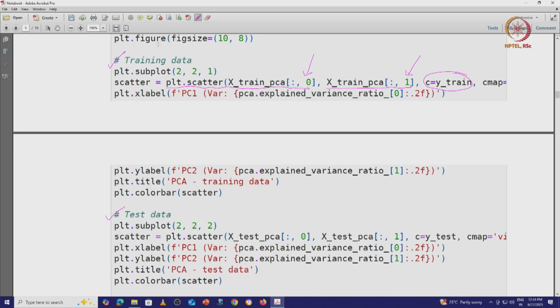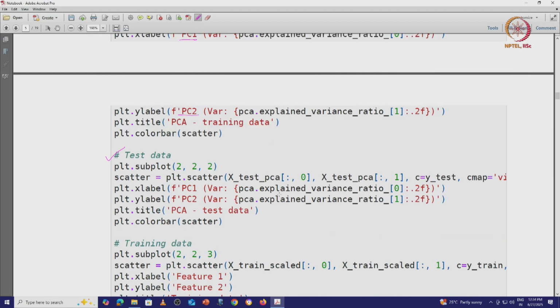So that's the plot between PC1 on the x axis and PC2 on the y axis for the training data, and this second plot is PC1 versus PC2 for the test data.